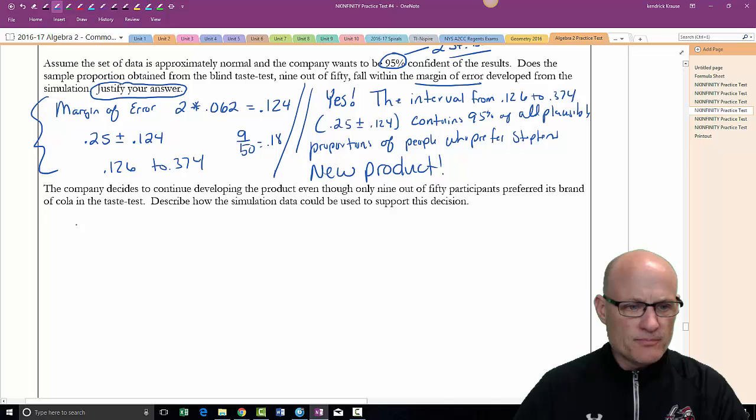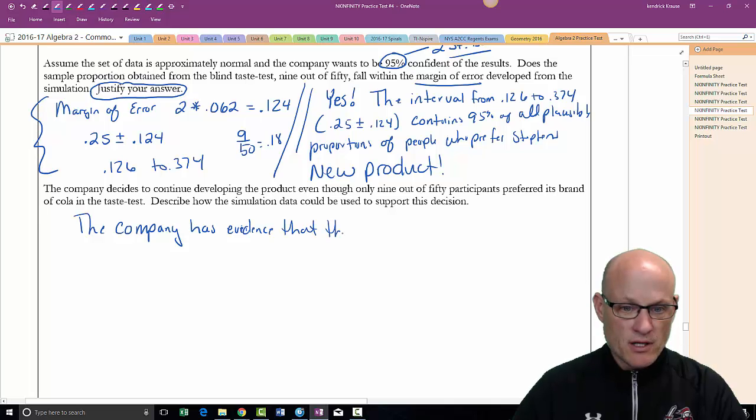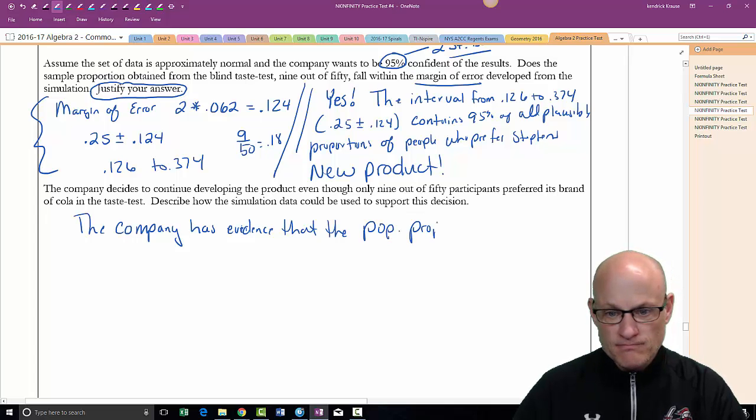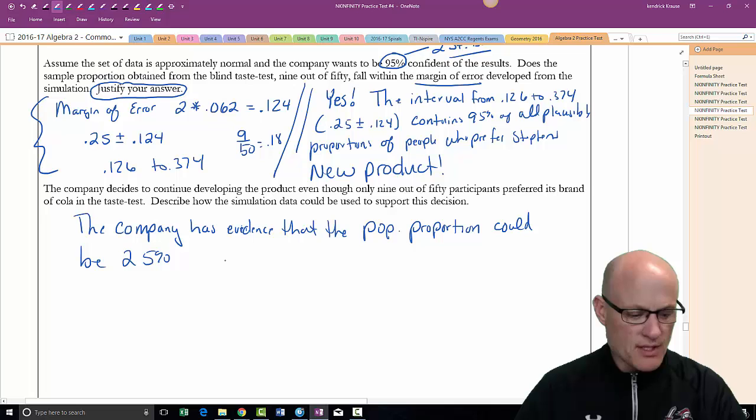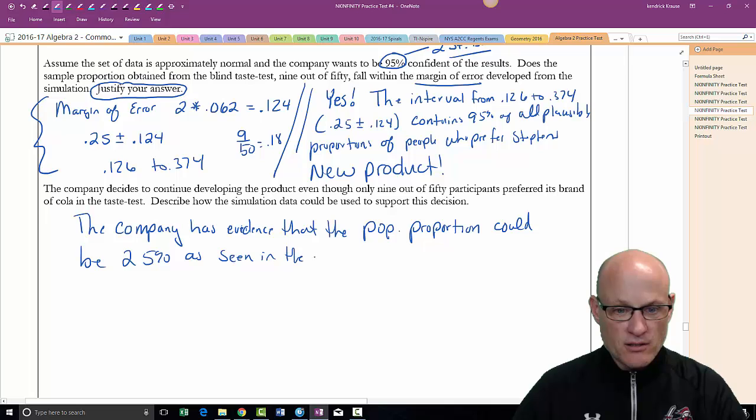So the company has evidence that the population proportion could be 25%, as seen in the dot plot above.